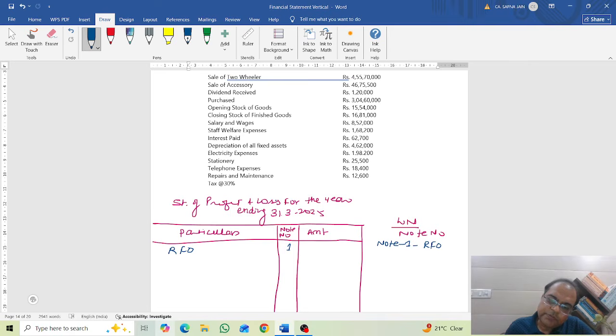Now sale of two-wheeler is 44570,000, and sale of accessories is 4675500. Inclusion of both is called revenue from operation. So this is 50245500.